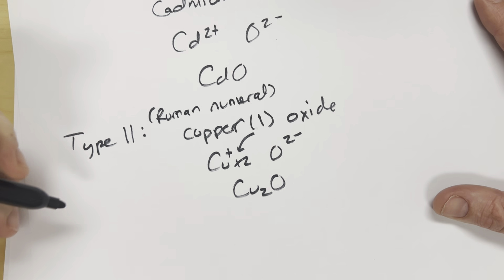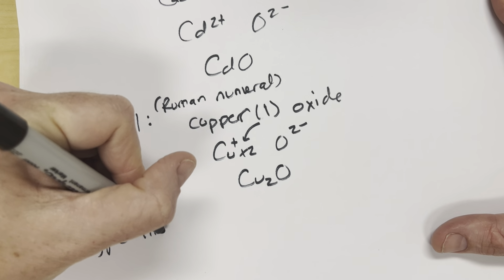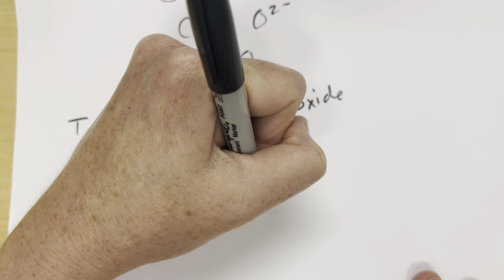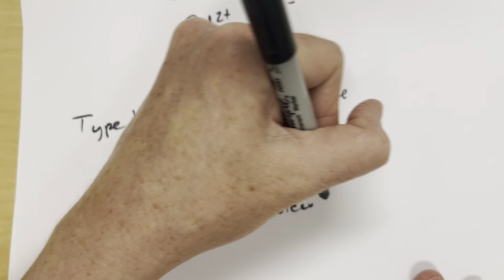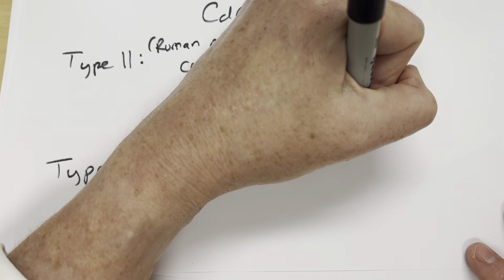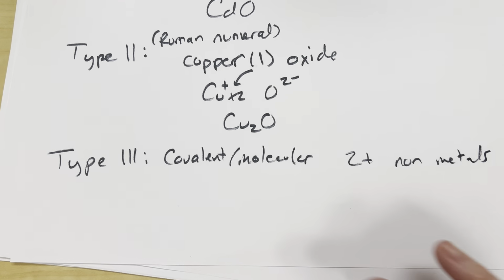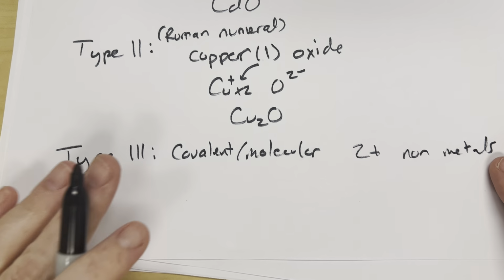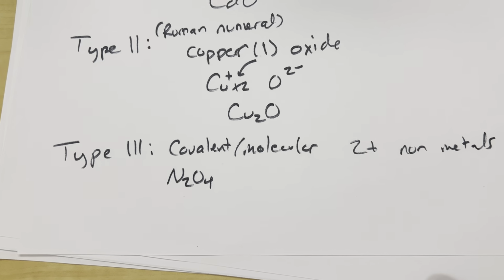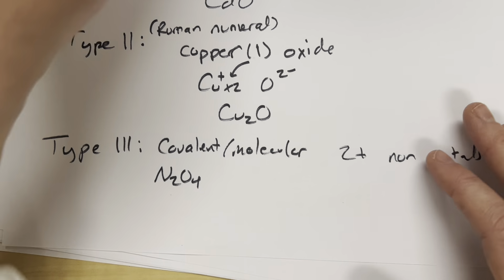Then we get to something called type 3. Not too many places actually call them type 3. We normally call them covalent compounds or molecular. This is always just going to be 2 or more nonmetals. This is where you use those prefixes di, tri, tetra, etc. So for example, if you have N2O4, we don't even have to look at charges or anything when we're doing these because they're both nonmetals.